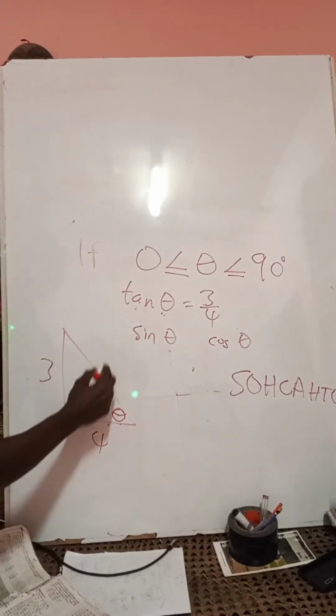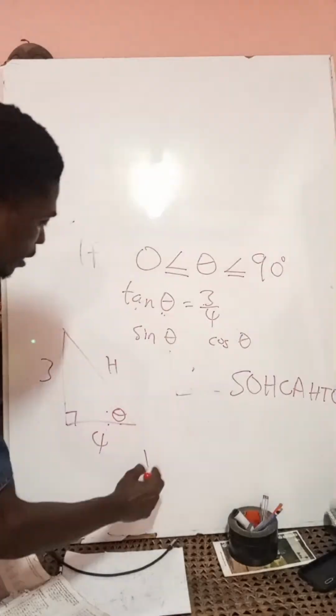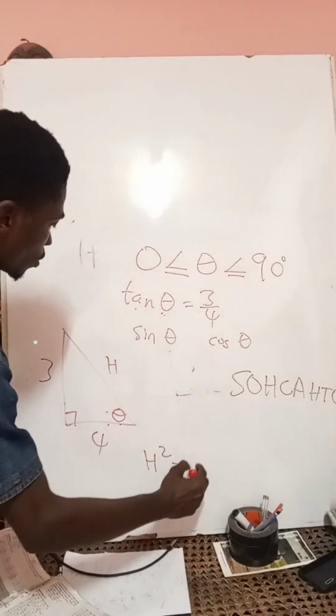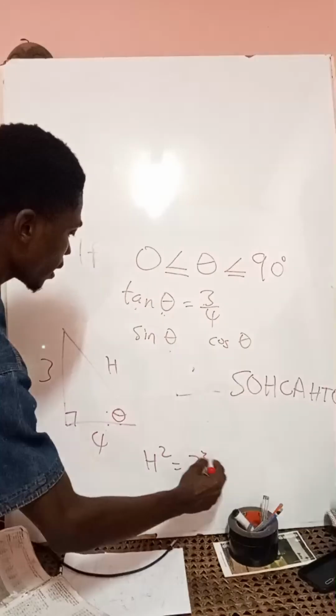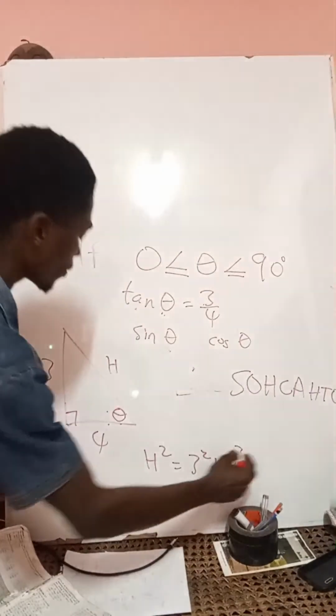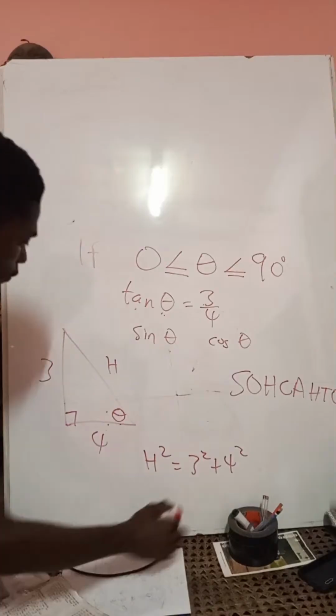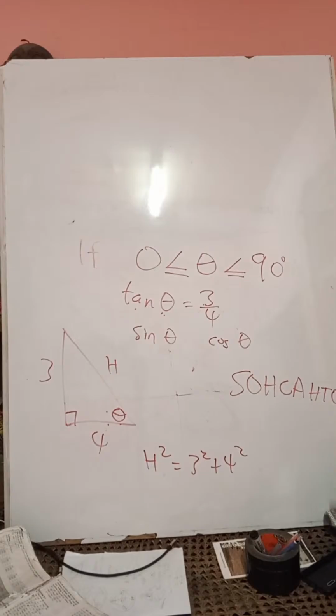To find the hypotenuse, h square is equal to 3 square plus 4 square, which means h is equal to root of 3 square plus 4 square. You can enter it into your calculator.